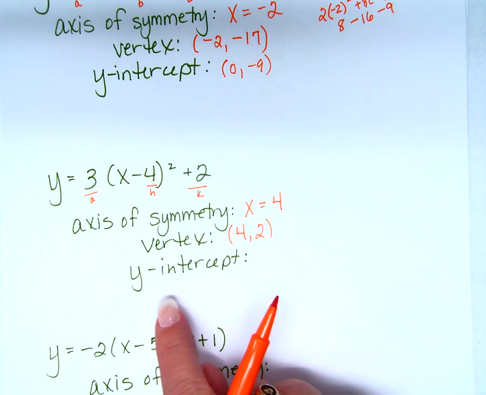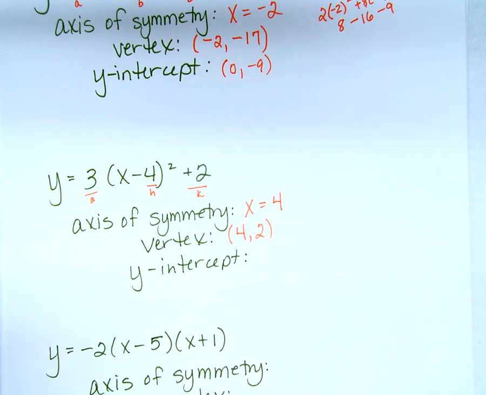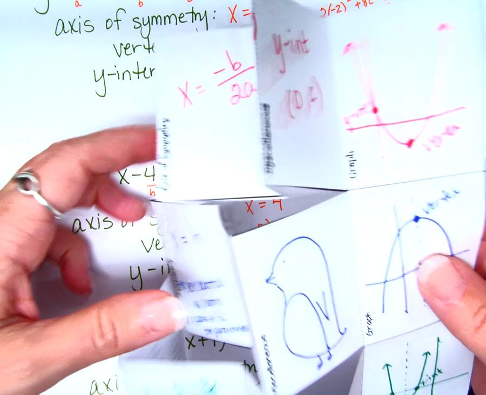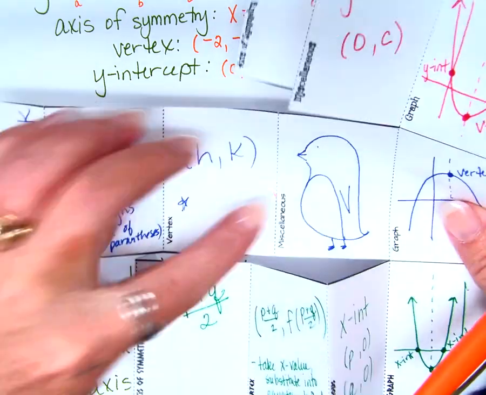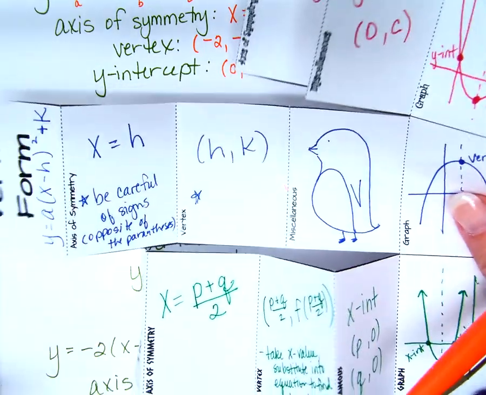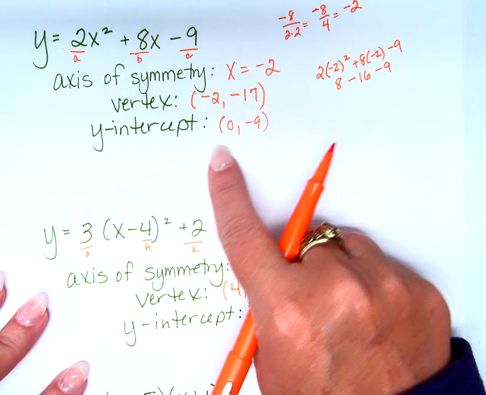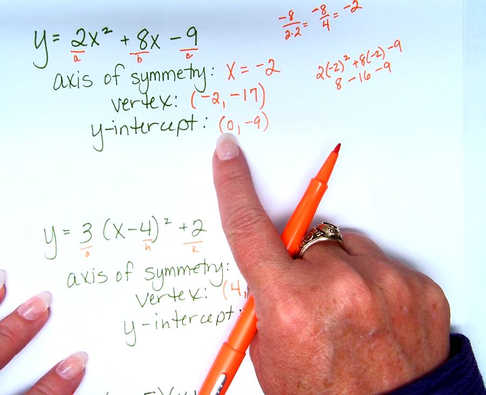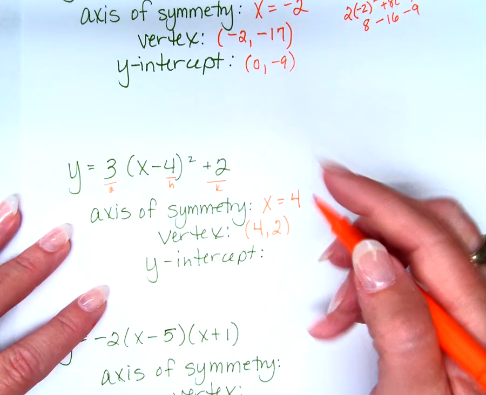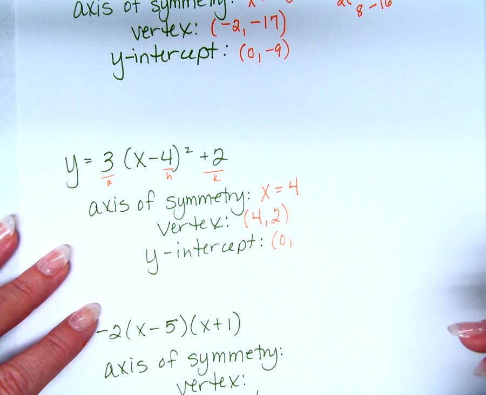Now how do I find the y-intercept? Because it doesn't say that anywhere here, does it? No. Well, you can if you want, but that's not really the y-intercept, is it? What's true about every y-intercept? It's always 0 for x. X is always 0, isn't it? So what if I put 0 in for x?